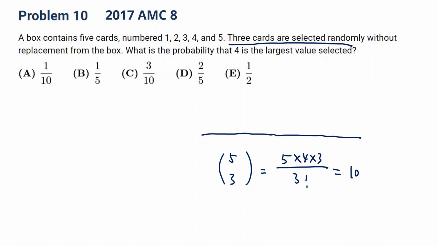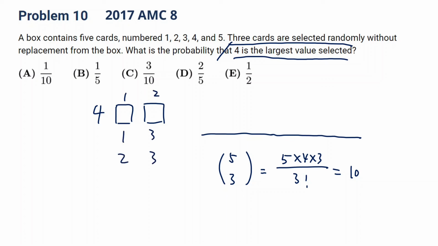And now let's consider the numerator. The numerator is that 4 is the largest value selected. 4 is the largest, and then we have 2 other numbers to select. These 2 can be 1 and 2, 1 and 3, or 2 and 3. The order doesn't matter, right? So you have basically 3 choices in this condition.